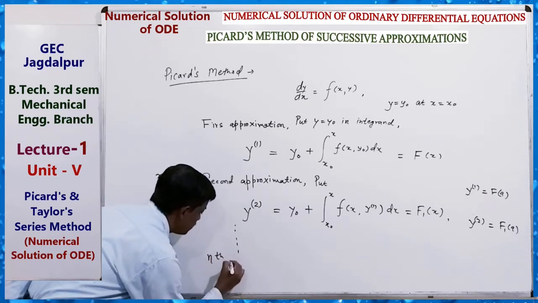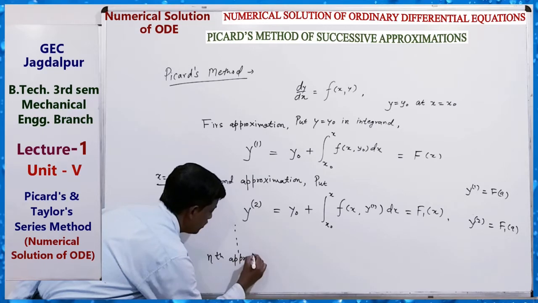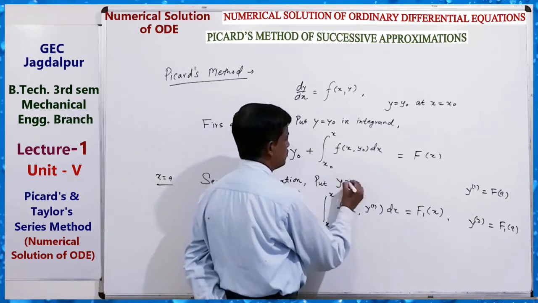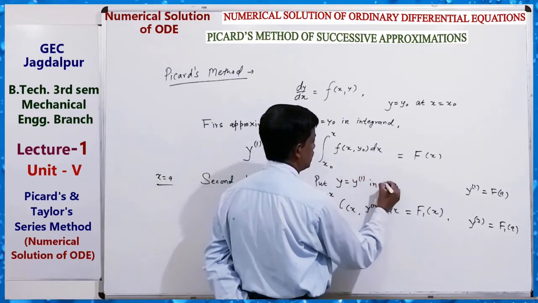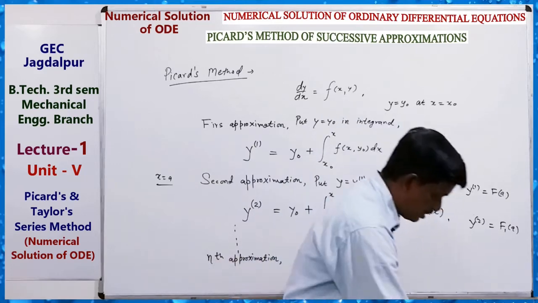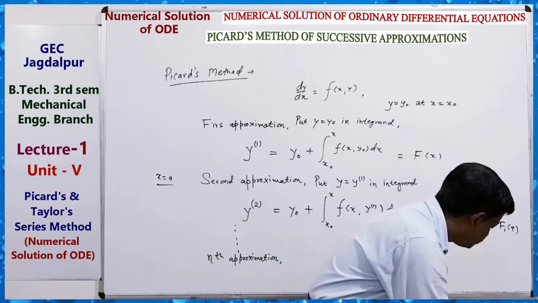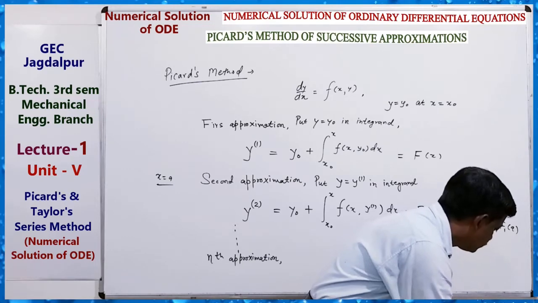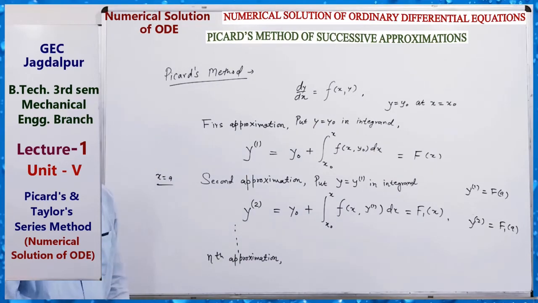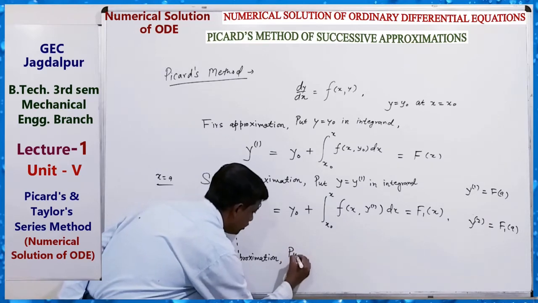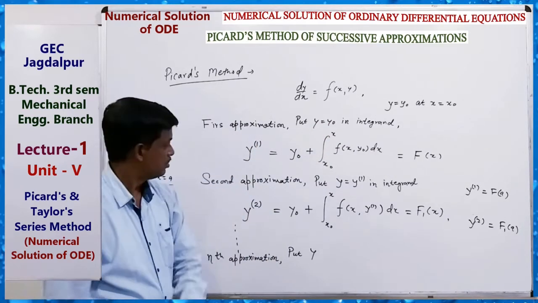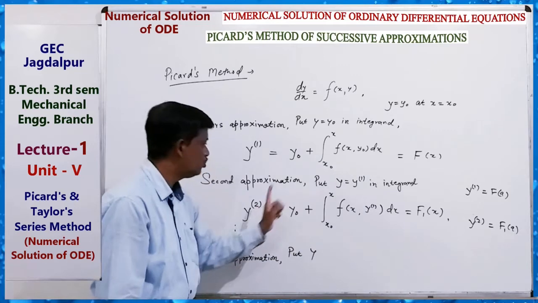How many approximations? Suppose the nth approximation. Put y equals y1 in the integrand. For the first approximation we put y0, for the second approximation y1, one less.